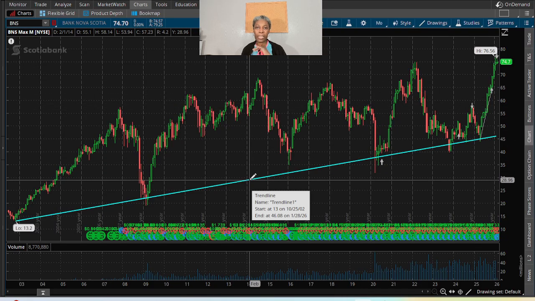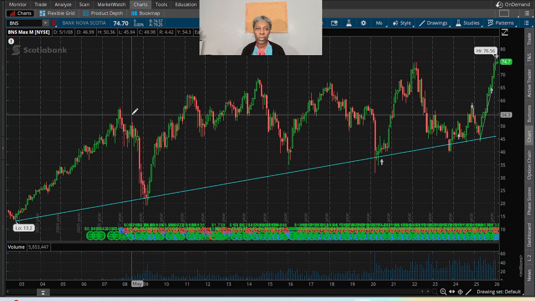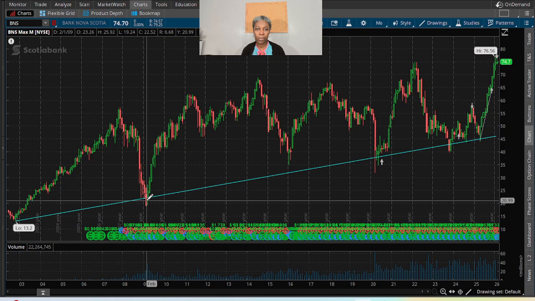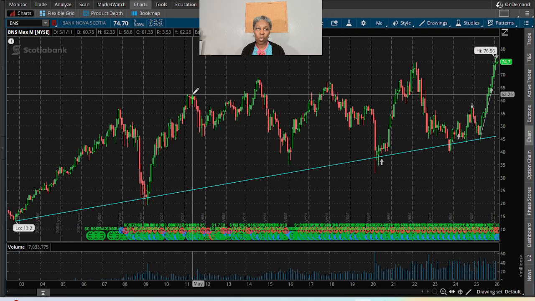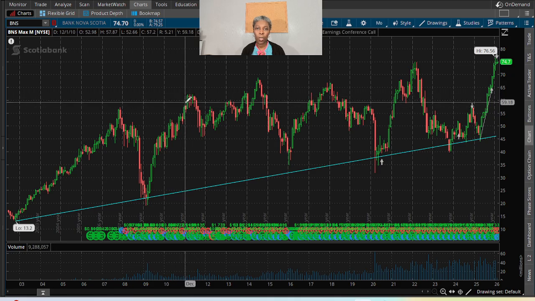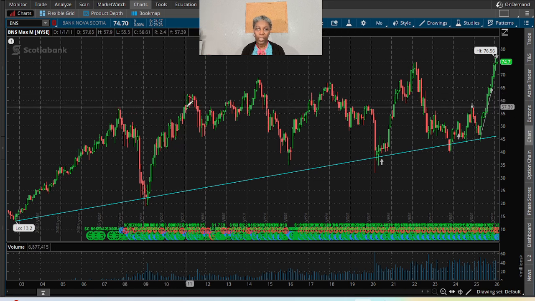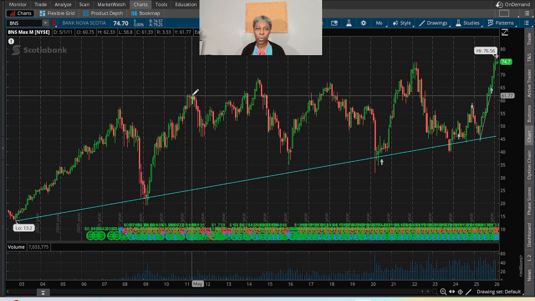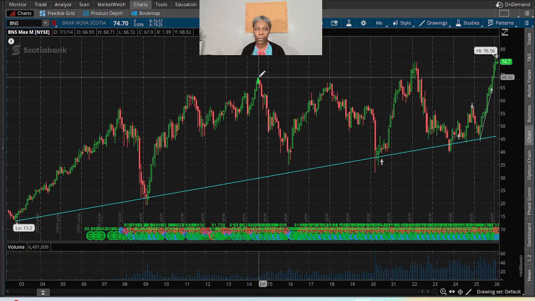This valley line, it seems to be respecting it, and we will notice that last time it came back down and went up, once it exceeded this, it went up a few more months and then pulled back and then went up a little bit here.